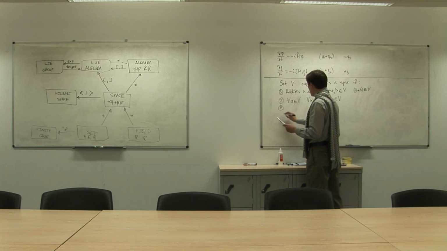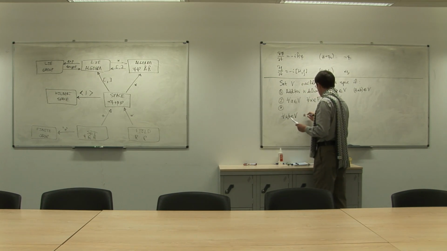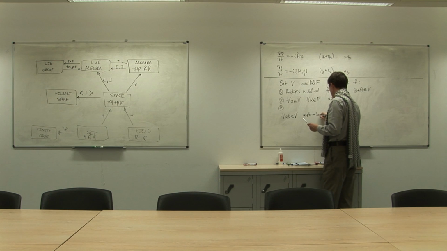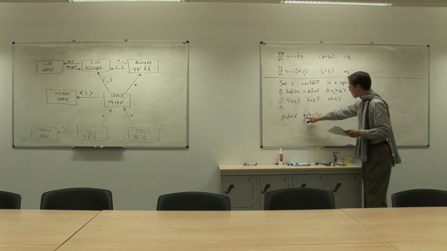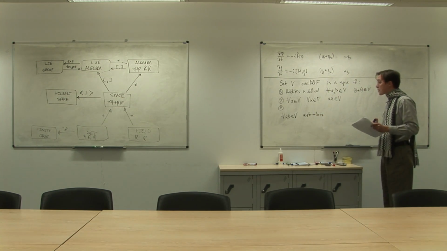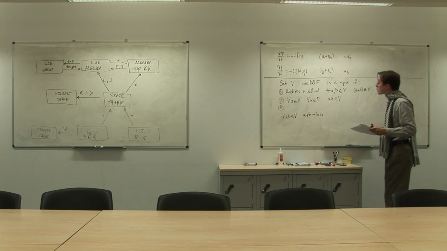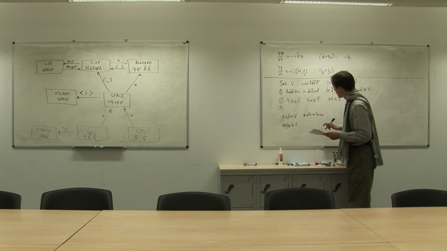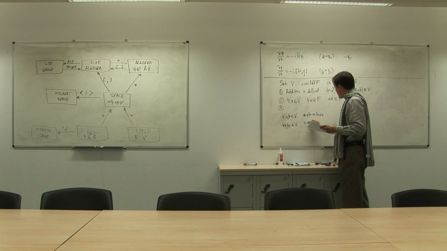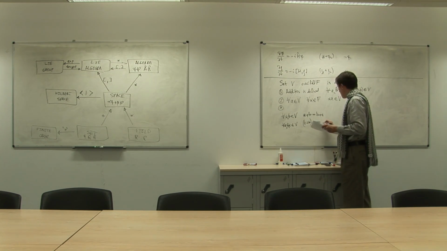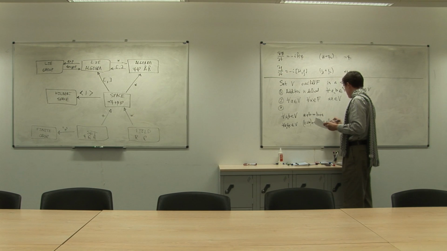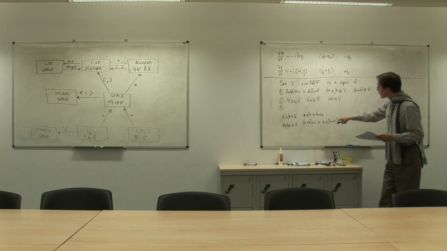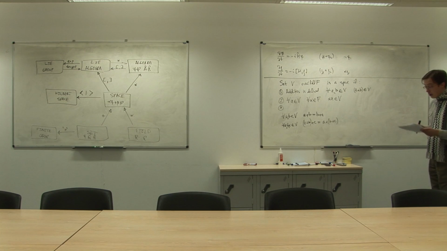So, for example, for any A and B belonging to V, A plus B must be equal to B plus A. So the addition operation must be commutative for it to be a space. Then for any A, B, C belonging to V, the result should not depend on how we put the brackets: A plus B plus C must be equal to A plus B plus C, the so-called associative law for addition.